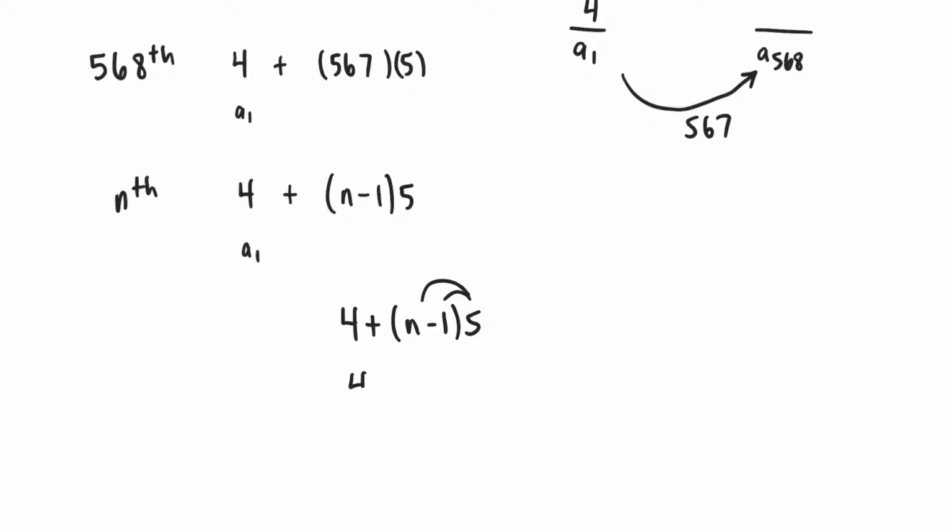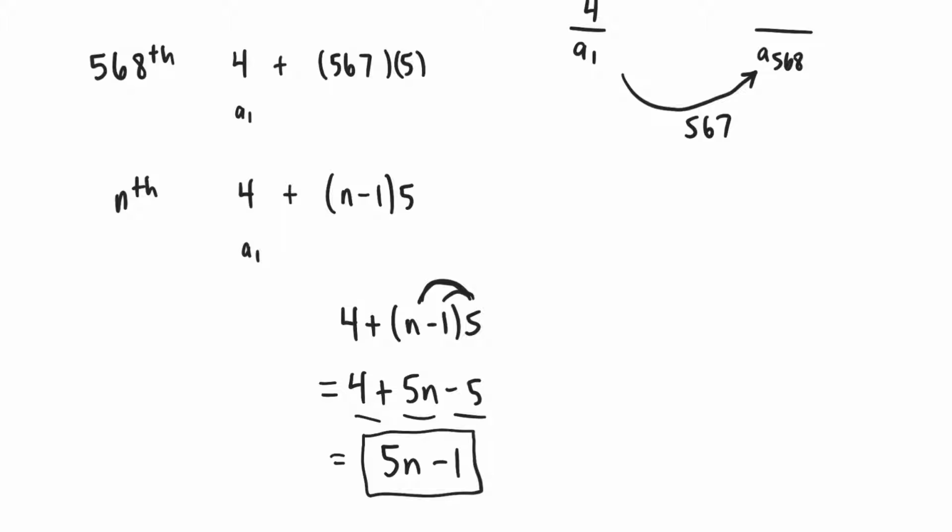So that is 4 plus 5n minus 5, since 5 times n is 5n and 5 times negative 1 is minus 5. Let's simplify this. It would be 5n, and negative 5 plus 4 is minus 1. So 5n minus 1 would tell you instantly, if I gave you n, that the nth term is just 5 times n minus 1.